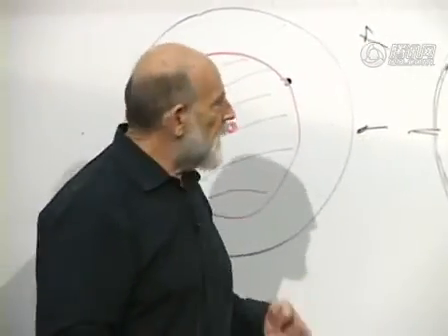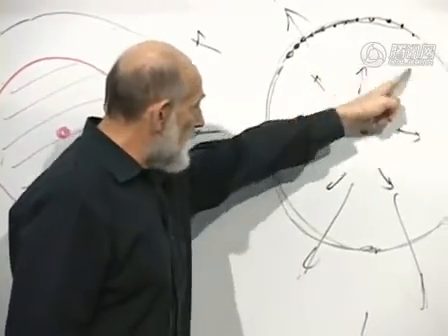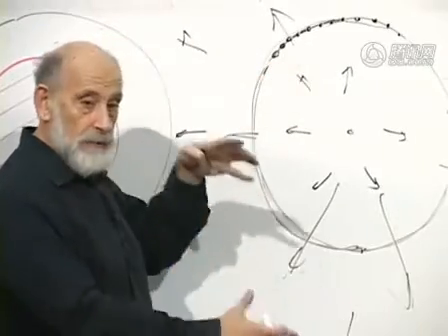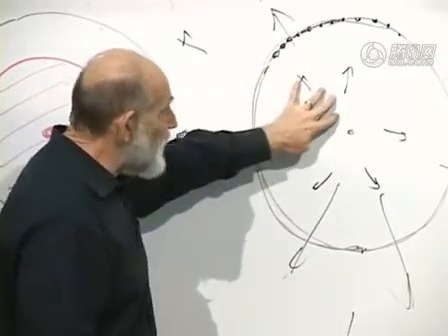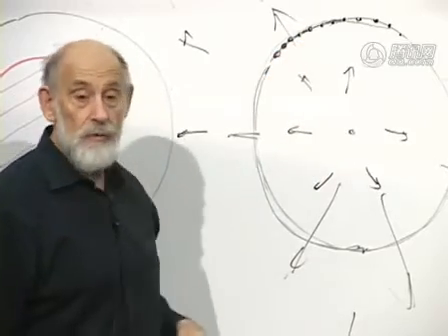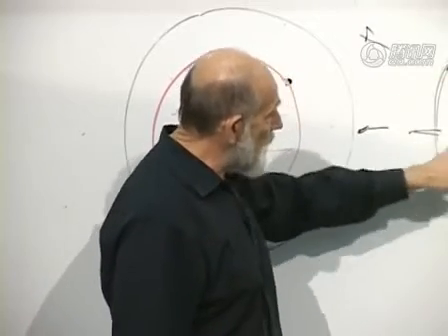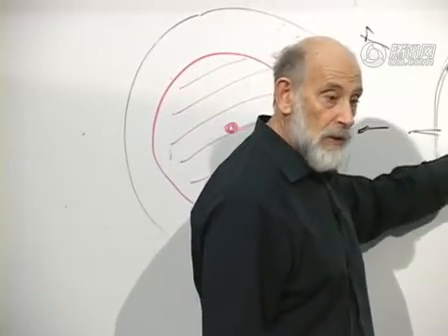So the answer is that in the interior of this shell of sources of water, there would be no flow. It would stand perfectly still. But the second you move to the other side, you would see a flow which is exactly the same as if all the source were concentrated at the center.